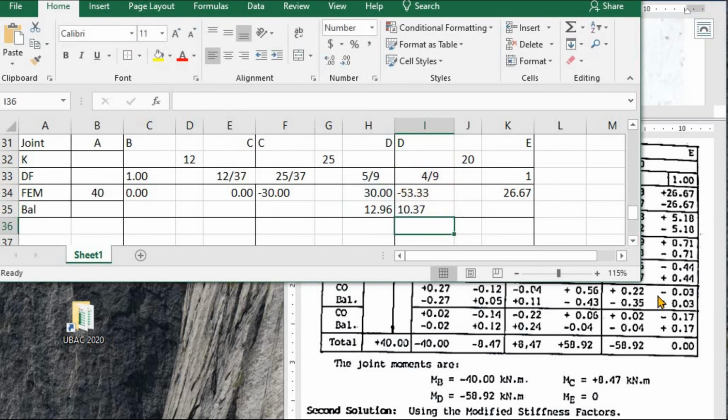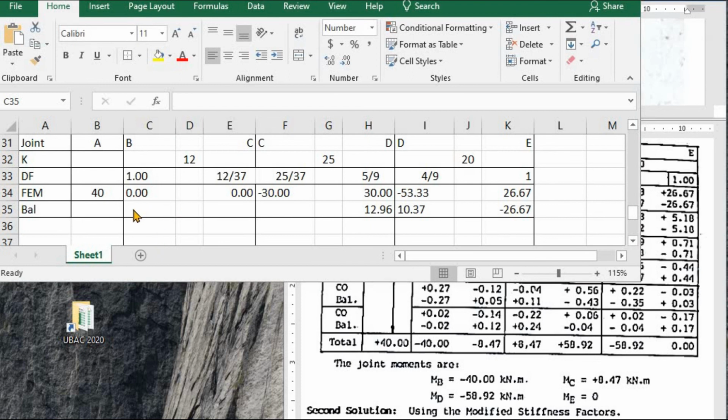Okay? Tapos, dito naman, since 1 ang distribution factor niya, you simply multiply the moment above by negative 1. Or simply equal sign, negative, tapos click mo yung nasa taas. Then you press enter.